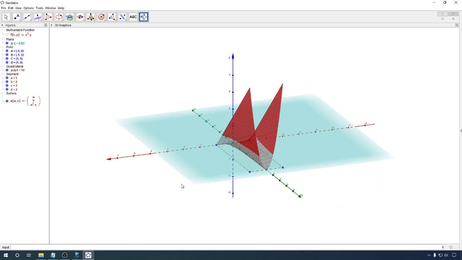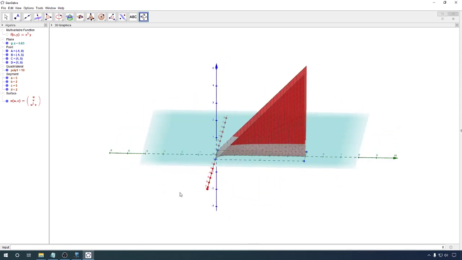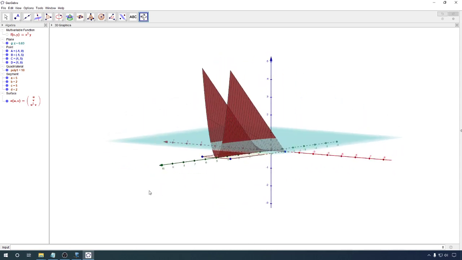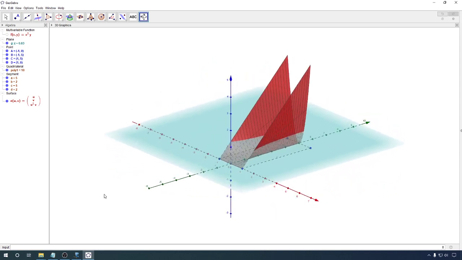If our surface dips below the xy plane, that won't necessarily make as much sense. But we could still talk about negative volumes versus positive volumes and still make it have some sense. But the point here is that this is a nice way to talk about the average value, and a nice way to actually compute what that would be.